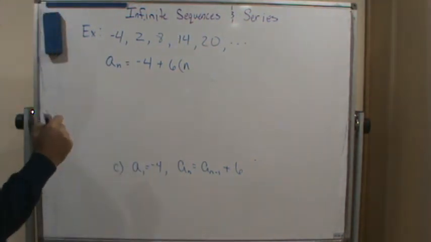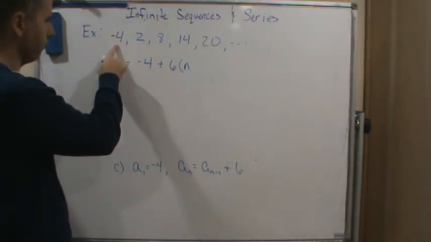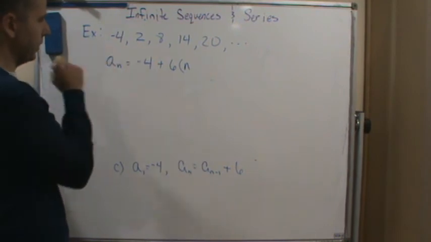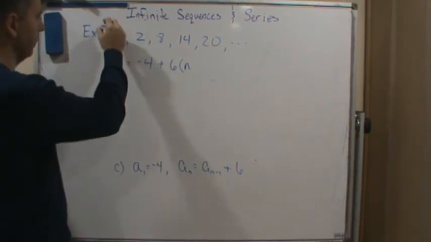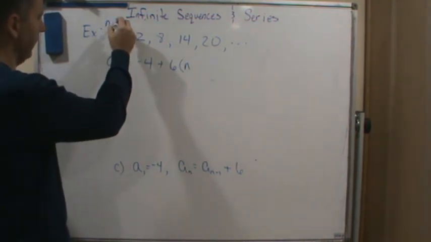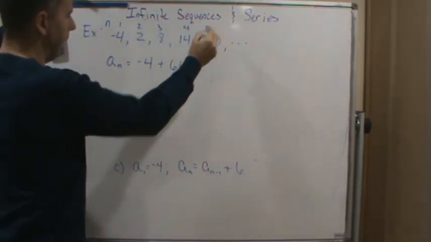Let's think. Okay, so this is the first one, negative 4. And then the second term gives us 2, but that's for n equal to 2, right? So n is 1, 2, 3, 4, 5.